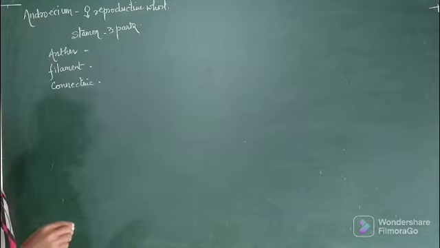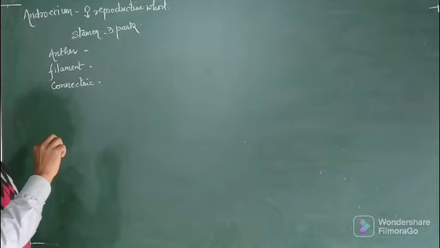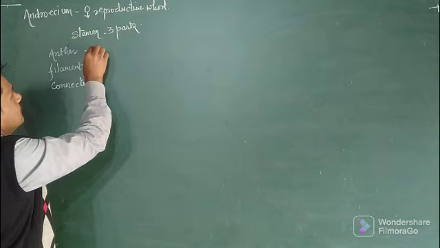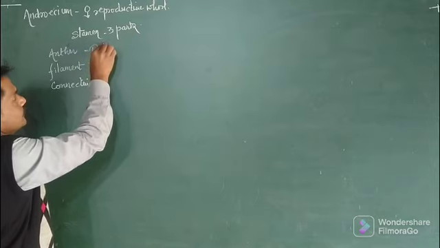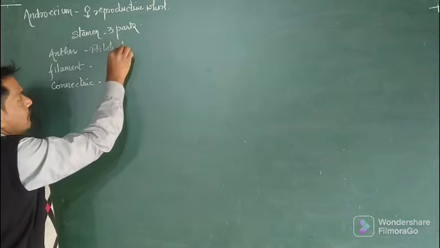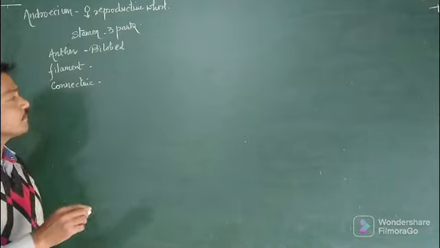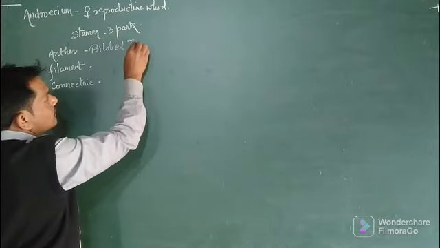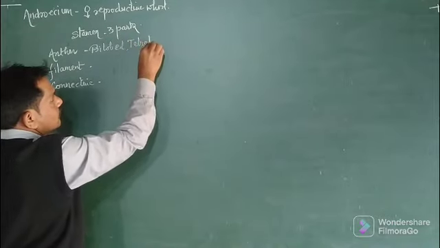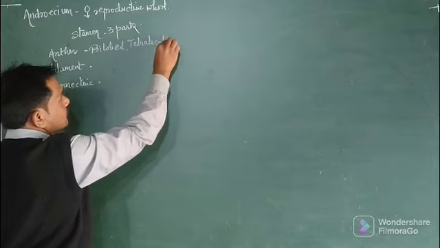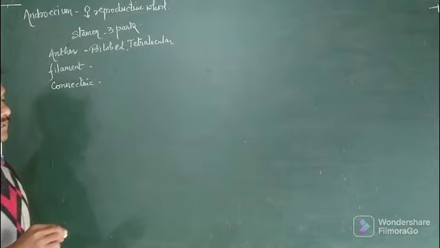This anther is the terminal part of the stamen. It may be bilobed, bithecous or monothecous. It may be tetralocular or bilocular.